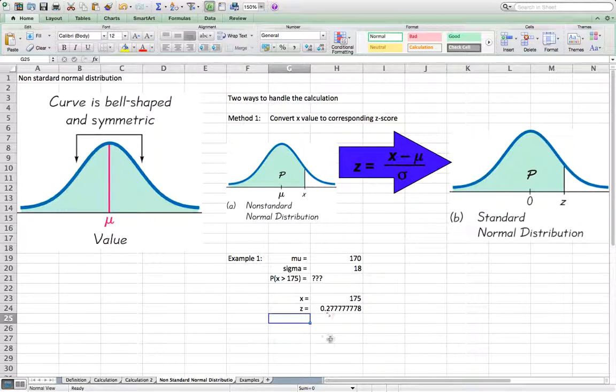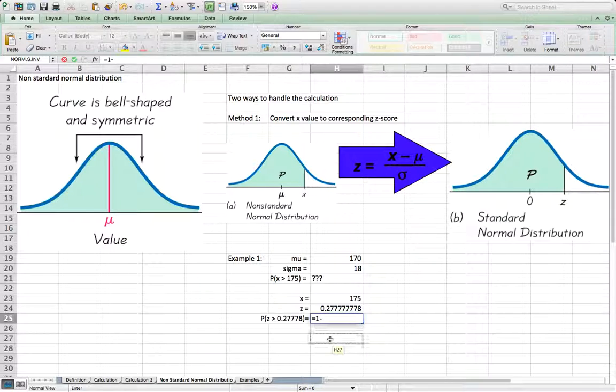After this z-score, we convert it to the standard normal distribution case. So we find that the probability of Z greater than this z-score, 0.2778, will equal what we studied a few minutes ago: 1 minus NORM.S.DIST.